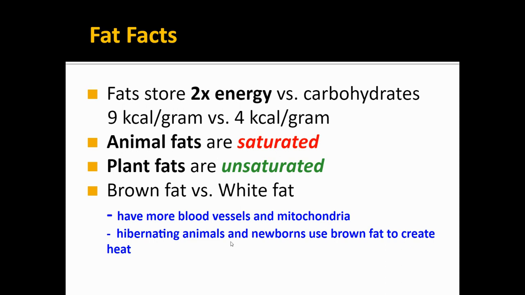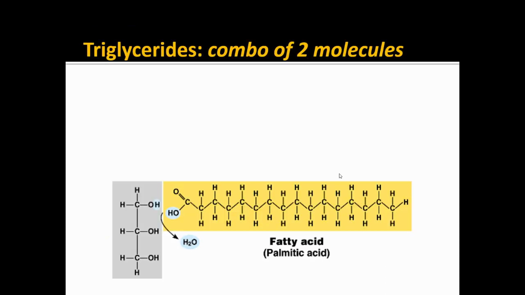Now, I say you have saturated and unsaturated fats up here. You may have heard of those terms before, and we'll talk about what those basically are in a second. Fats are built just like other molecules, through dehydration synthesis. Here we have a fatty acid. Why is it called a fatty acid? Well, it's all carbon hydrogen bonds. That makes it a fat.